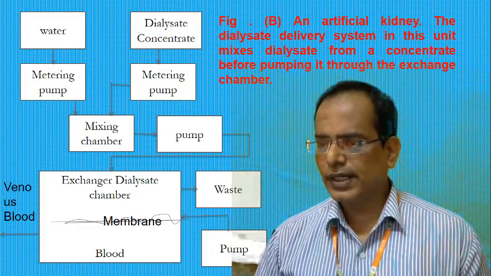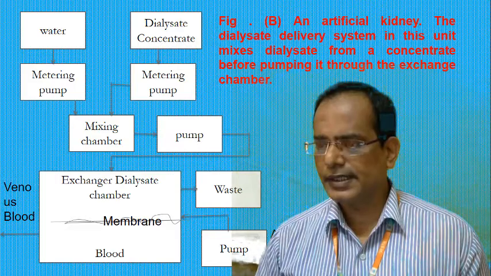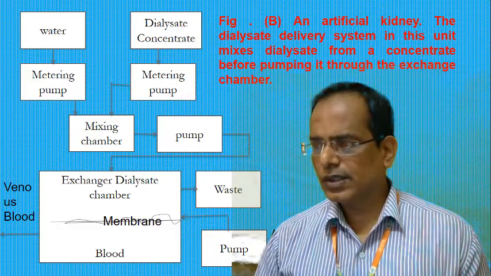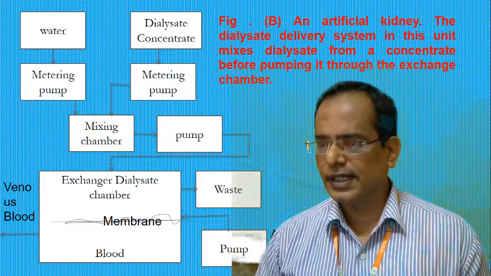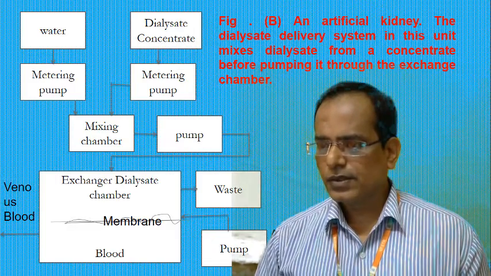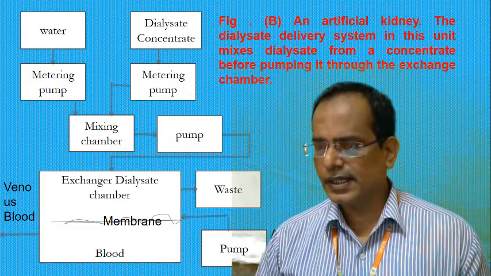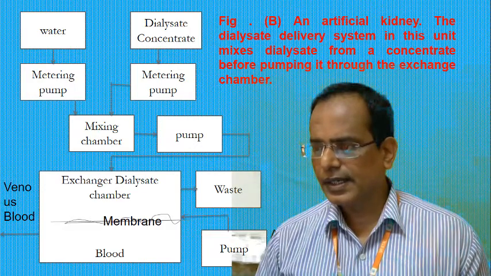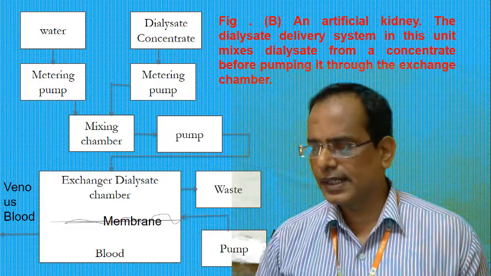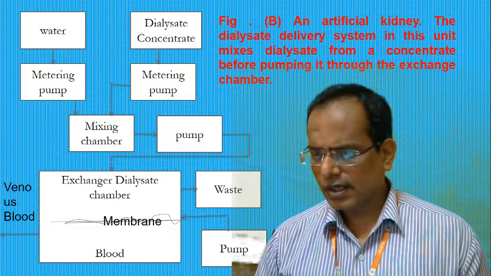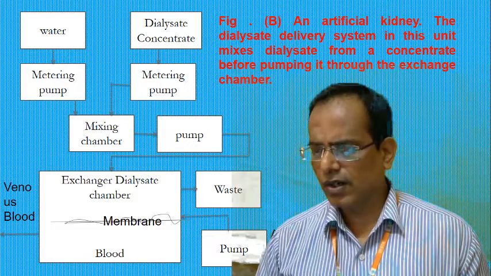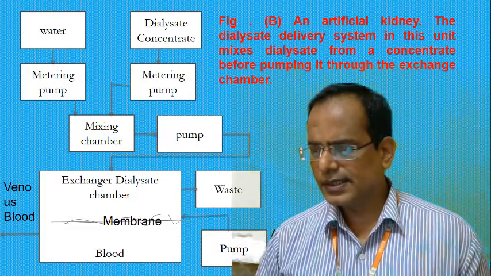The blood is usually at a higher pressure than the dialysate here. So the loss of blood is the hazard of major concern. The dialysate is a clear liquid, and the presence of blood in it can be detected as a colorimetric or optical density change.